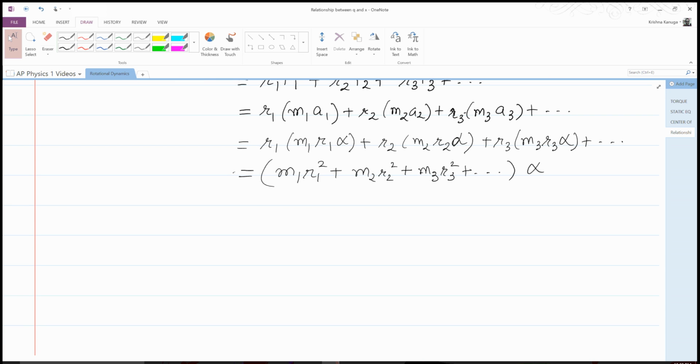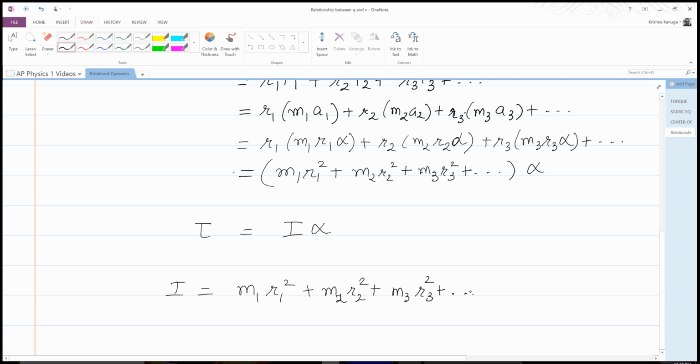The quantity inside the parentheses we're going to just call I. I'm going to talk about that in a second. This is equal to I times alpha, where we say that I is equal to the sum of these terms, m1 times r1 squared plus m2 times r2 squared plus m3 times r3 squared plus dot dot dot.